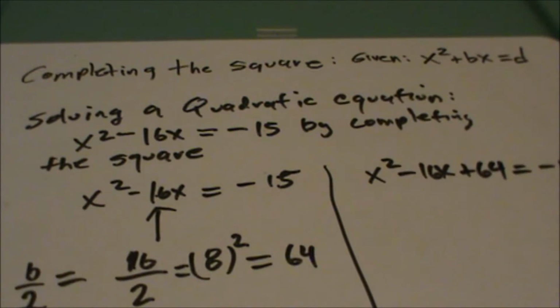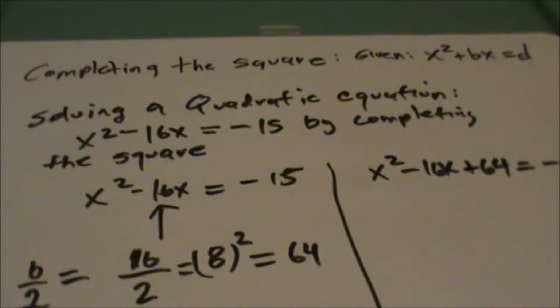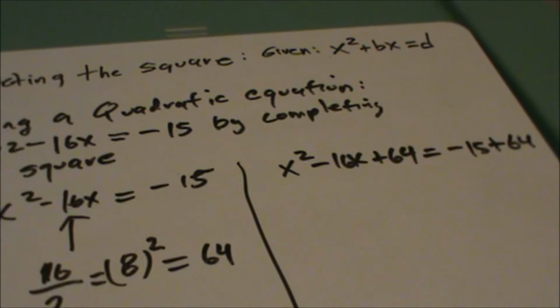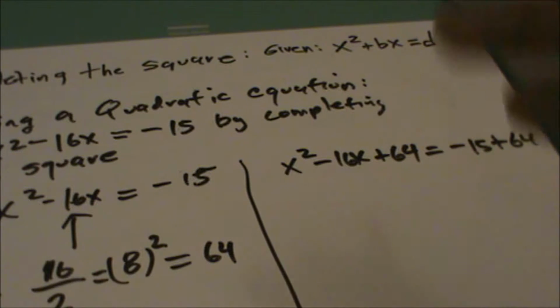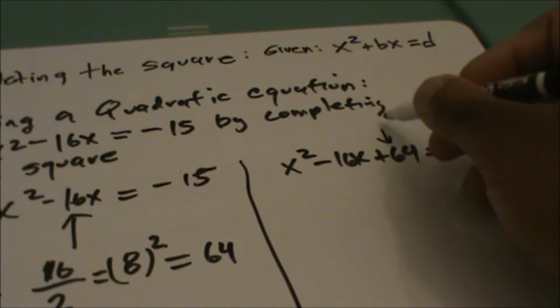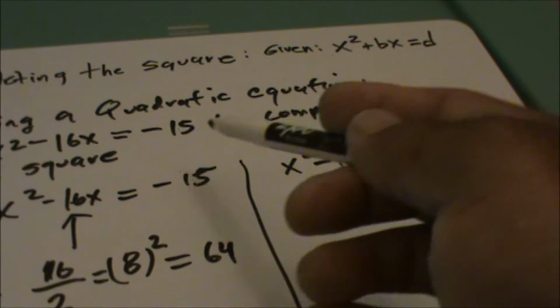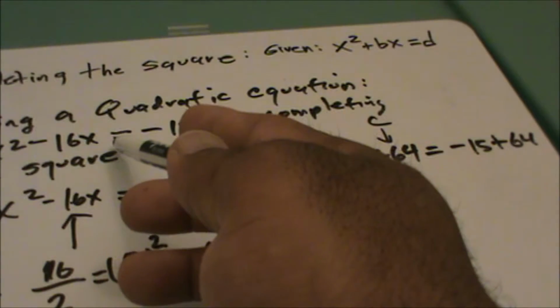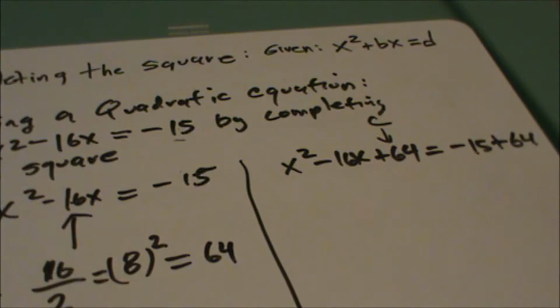So you're adding 64 on both sides of the equation. In the first two examples, you only added it on one side, which is the C value. This time you have to add 64 in this completing the square. If you're given a D value, if it's a quadratic equation equal to some value, then you have to add it on both sides of the equation.